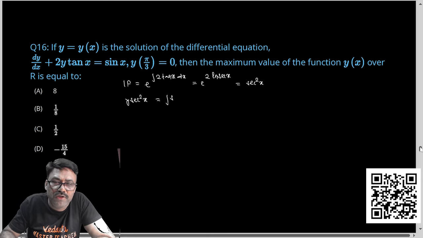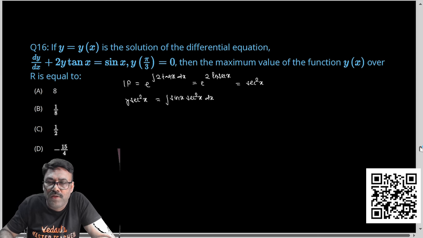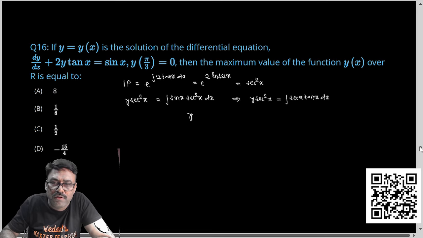On the right side, Q into integrating factor, sin x into secant square x. So this becomes y secant square x equals, on the right side, secant x tan x. And now if you integrate, secant x tan x integrates to secant x plus c.